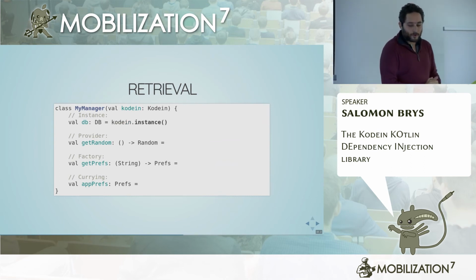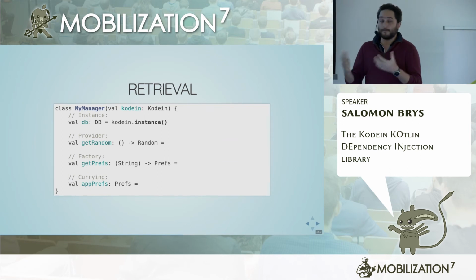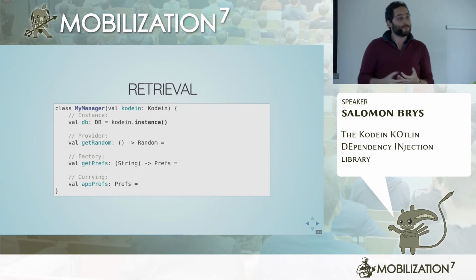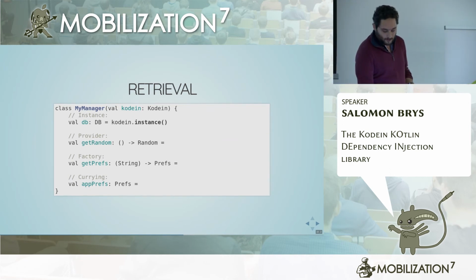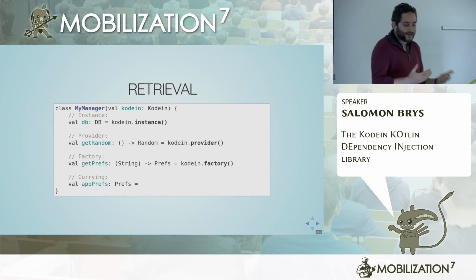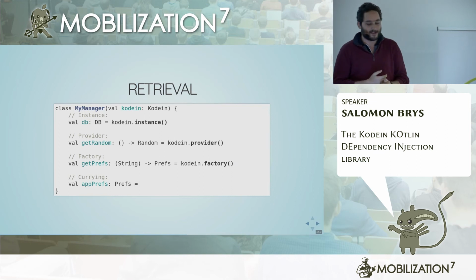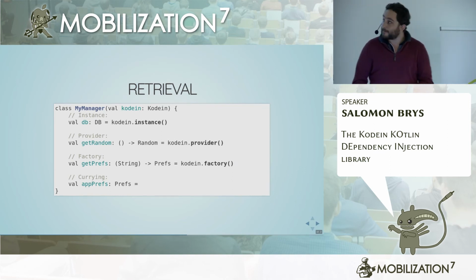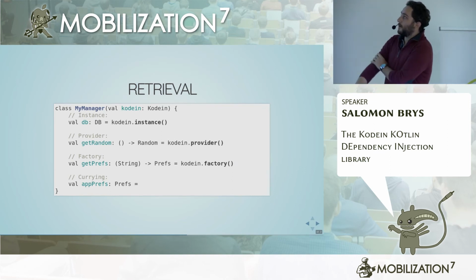You could ask for a provider. What is a provider? It is a simple function that will give you an instance every time you call that function. The same thing is true for a factory, but it has an argument. And what about currying?